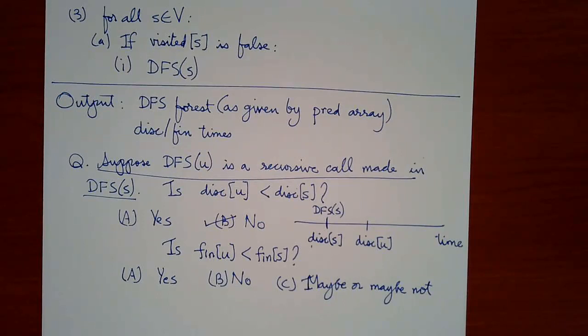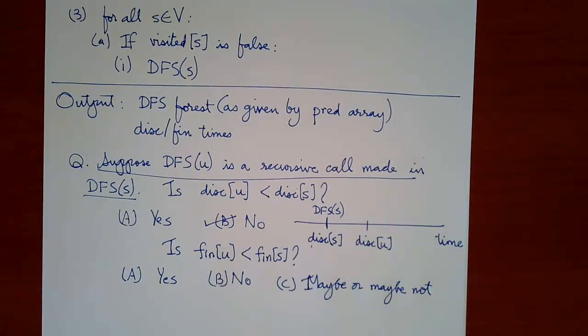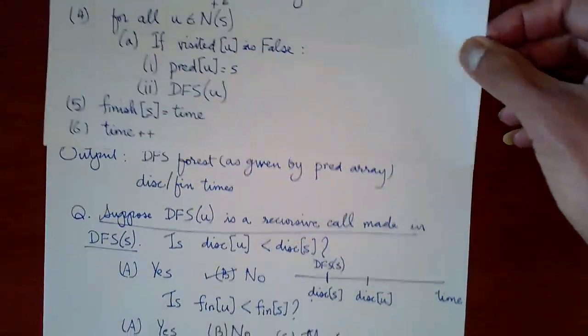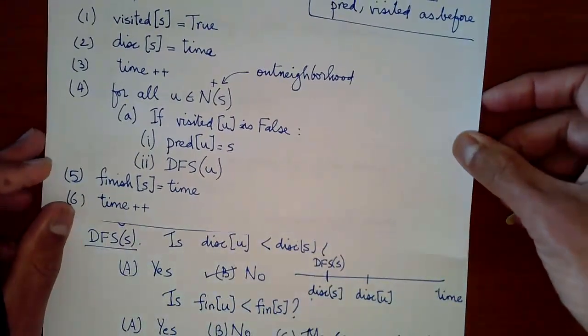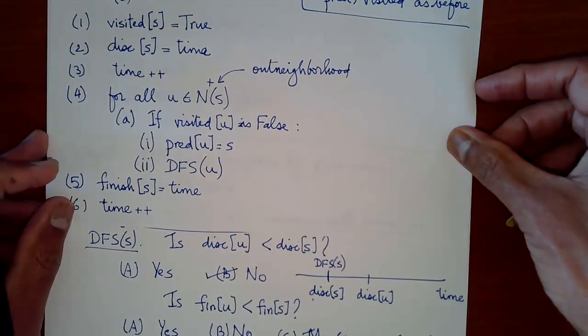Let me launch the poll again. Again, it's the same setting as before. Sorry, let me show you the code for DFS of S. There you go.